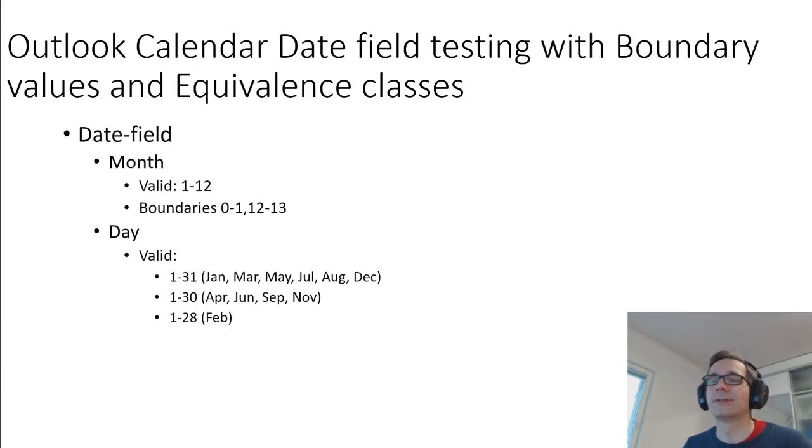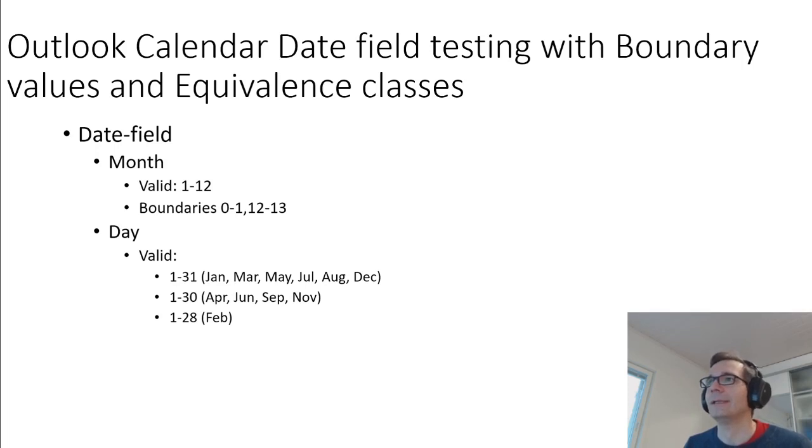Let's start testing the day. We can already see that things start to get a bit more complicated here. So whereas in the month we had the valid range between 1 and 12, we can see that for the day value, we have valid range between 1 and 31, depending on the month.